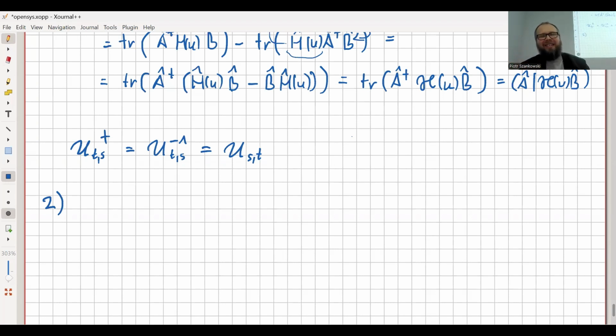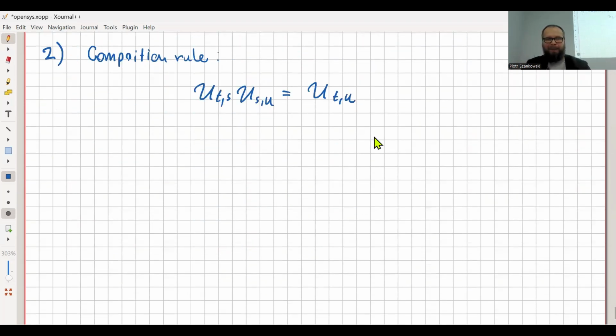Since it is the time-ordered exponential, it satisfies the composition rule. It's also a solution to the von Neumann equation, the dynamical equation. So it's all connected. We have a composition rule, and it has its own dynamical equation, again because it's a time-ordered exponential.